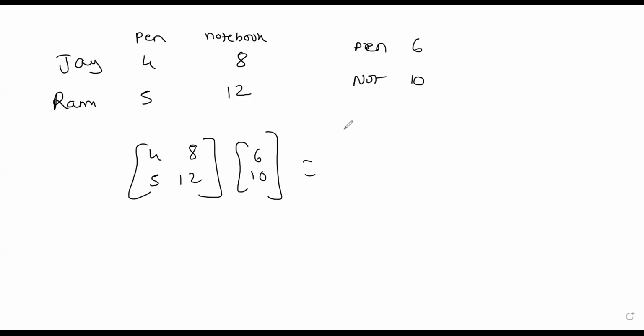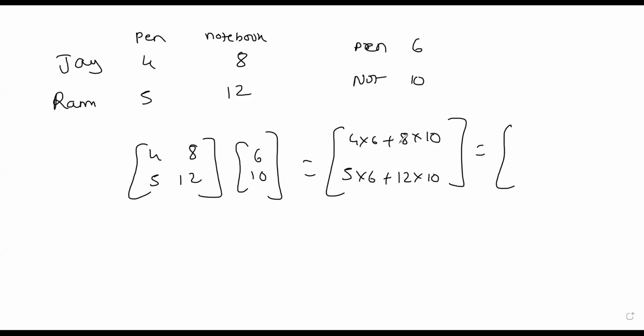So after multiplication, it will become 4 into 6 plus 8 into 10 and 5 into 6 plus 12 into 10. This is 24 plus 80. And this is 30 plus 120.